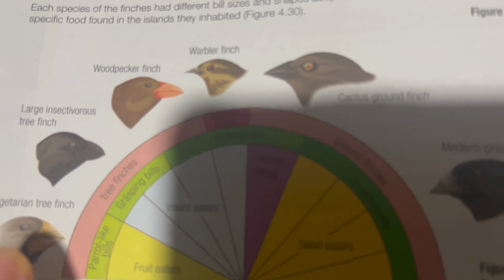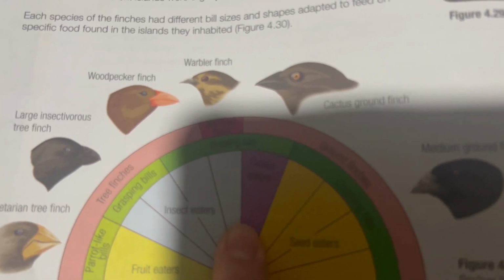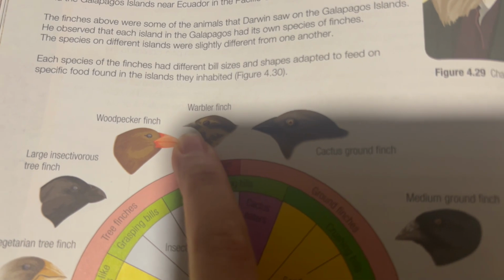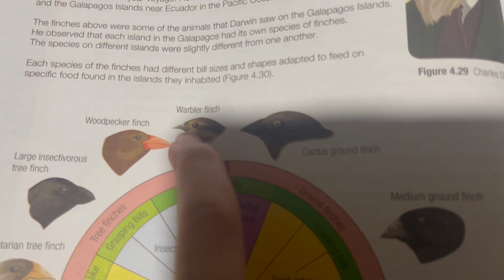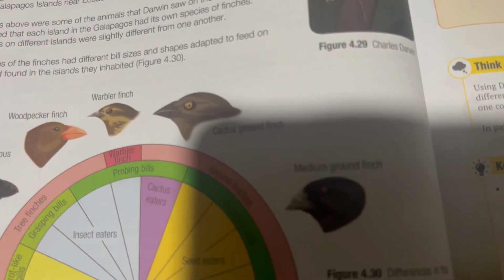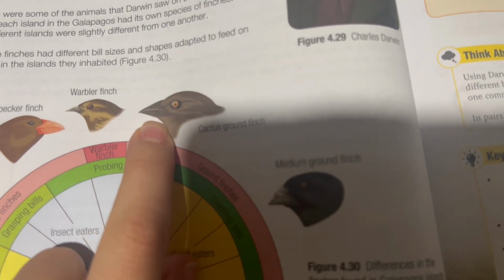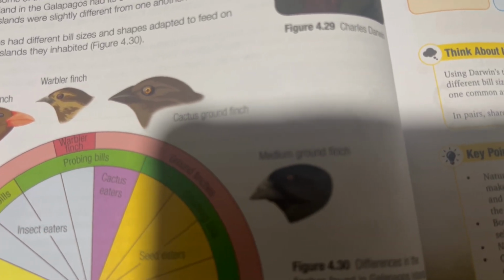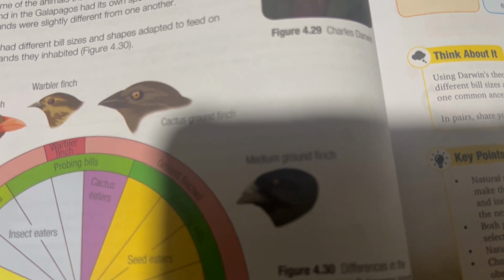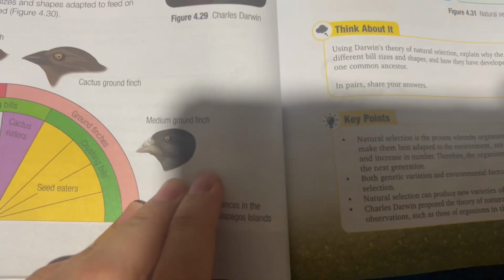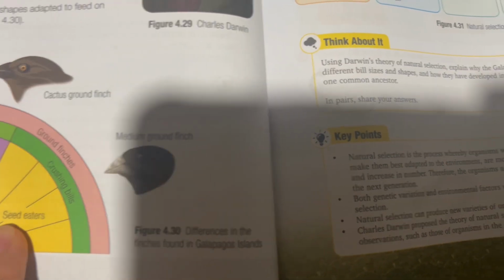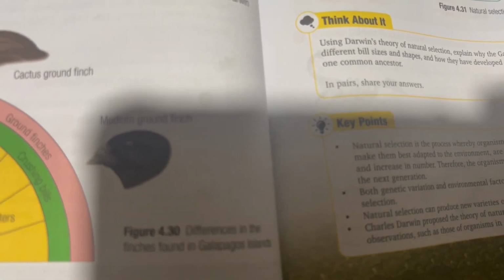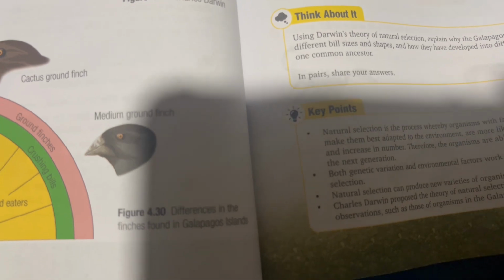These three eat insects, that's why they need a thin beak to be able to grab the insects from the holes. Here these are cactus eaters, so they need a very strong bill to not get poked by the spines. And this one is eating seeds, so it needs a strong and wide beak to chew the seeds and break them.